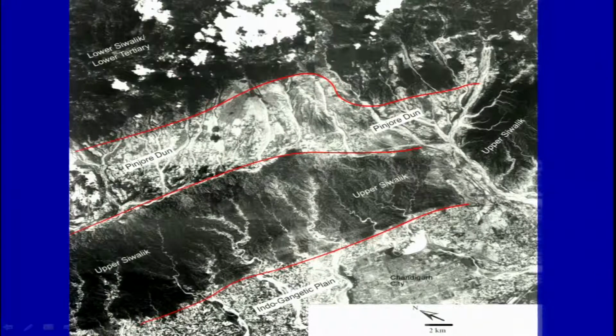In the classification, the plain in the southern side is the Indo-Gangetic plain, then the Upper Shivalik hills, and then the Pinjore Dun. A dun is the valley between two hill ranges, similar to Dehradun. Then we have the lower Shivaliks or lower tertiary hill ranges.